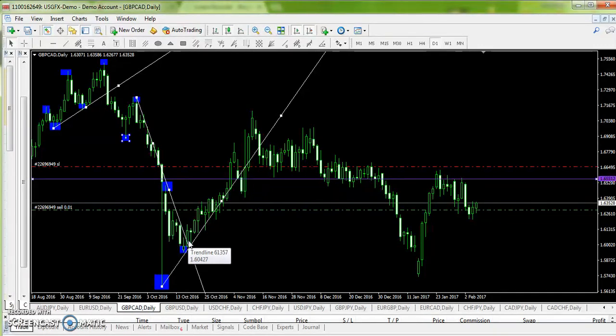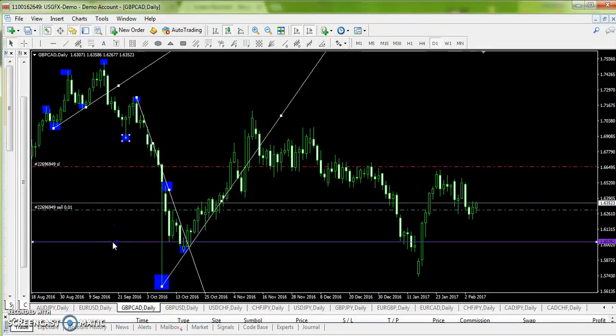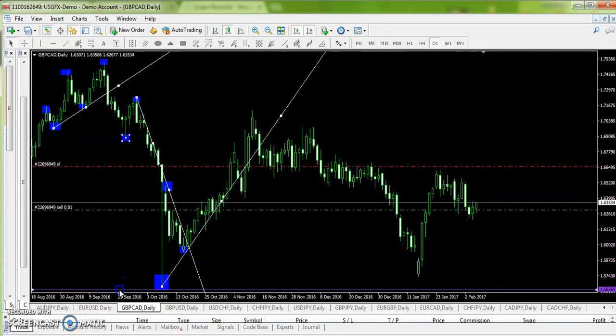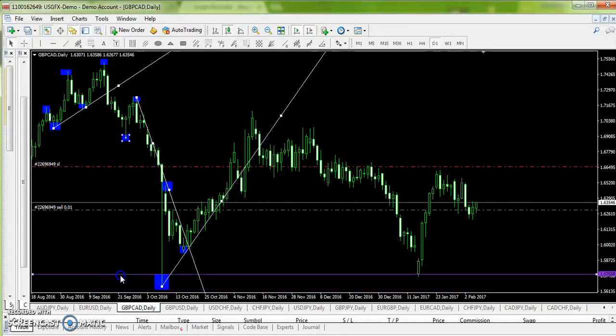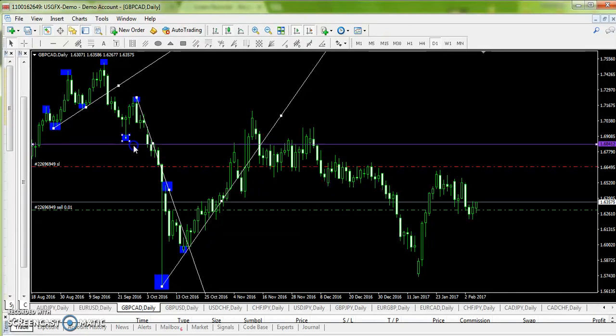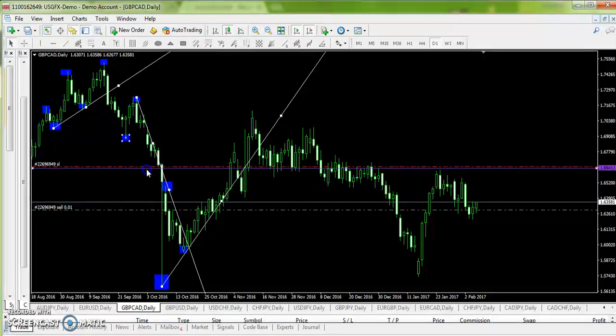Now we are on a buying, on this particular level. After this, I assume my stop loss obviously would be a couple of points below the previous swing low. As you can see, after this, the market has made a higher high, higher low, higher high, higher low, higher high, higher low.